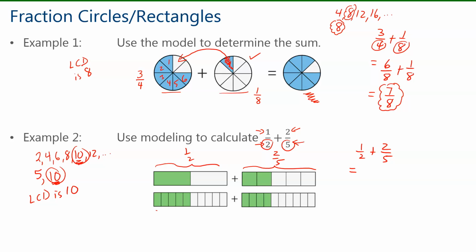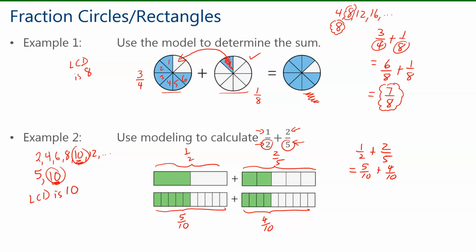So I notice now for the 1/2, that's the same thing as 5/10. And I notice for the 2/5, that's the same thing as 4/10. So 5/10 is an equivalent fraction for 1/2. 4/10 is an equivalent fraction for 2/5.